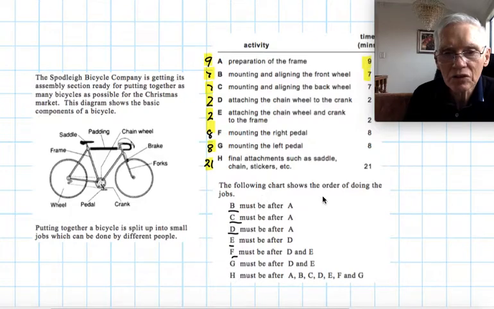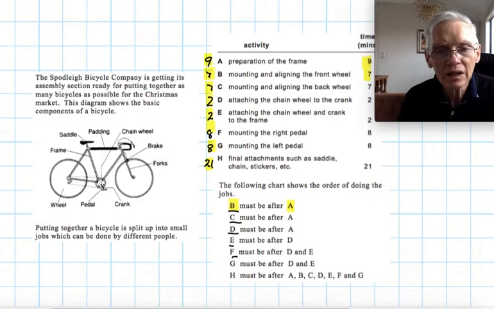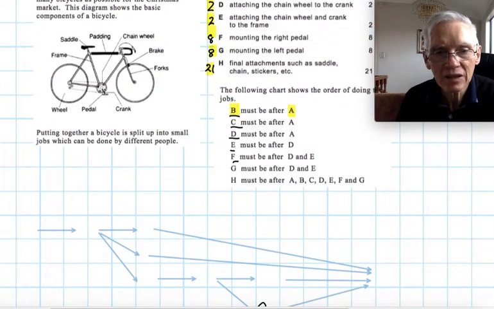You have to do a flow chart showing the order. B must be after A. So I've already written some arrows down here, and so B must be after A. So we've got to put A there.